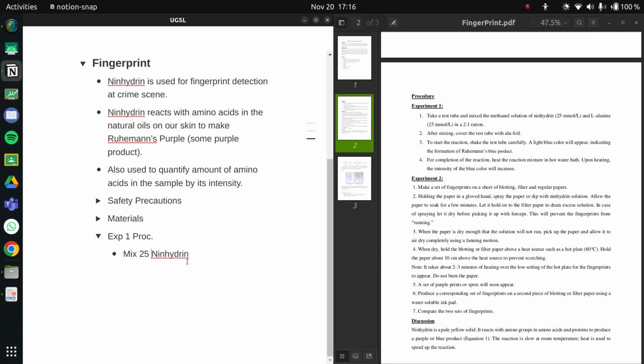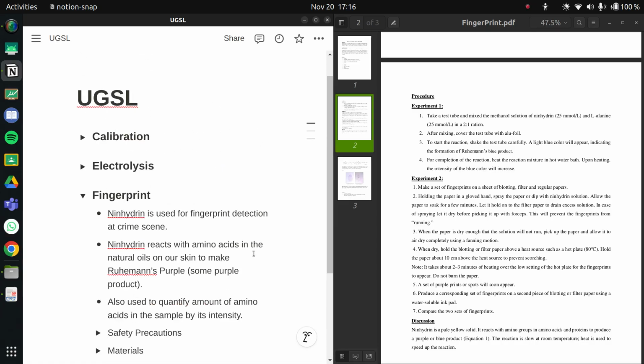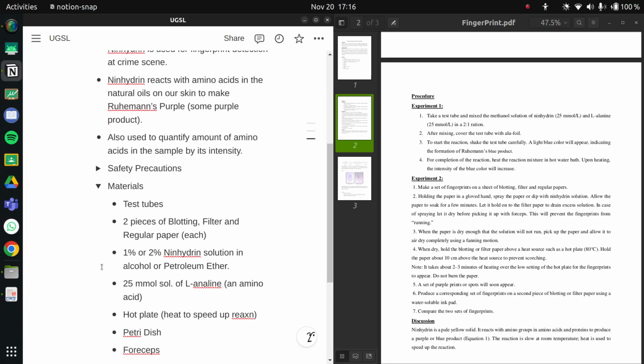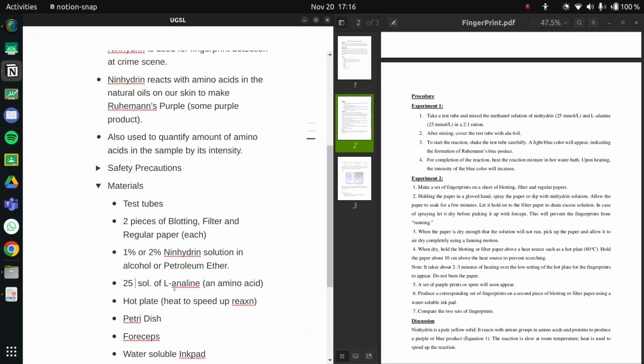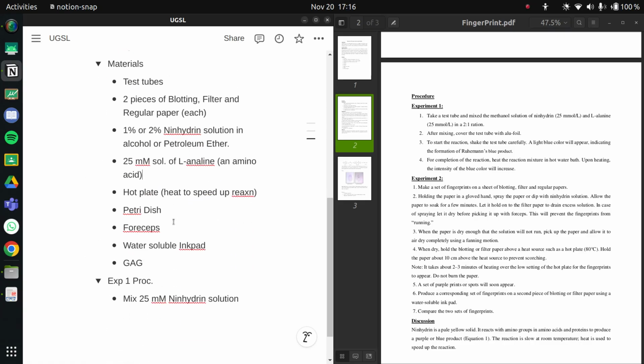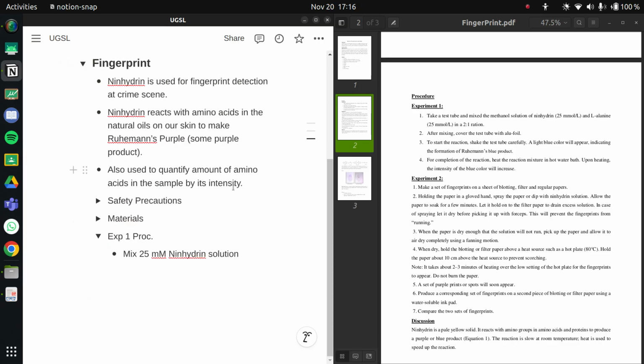Next, 25 millimolar. Oh, this is supposed to be millimolar, sorry for that. It's supposed to be 1% or 2%, but sure.